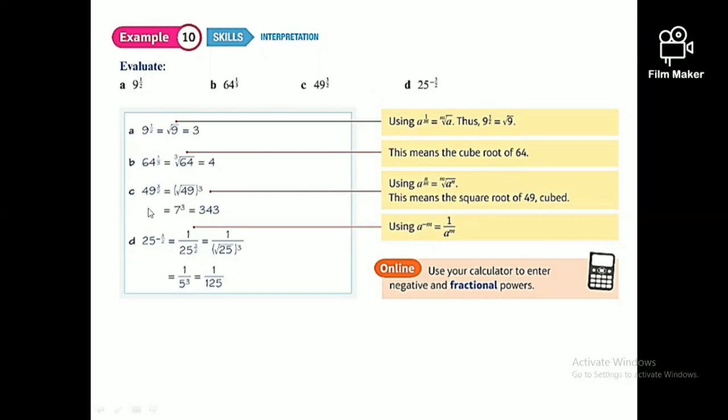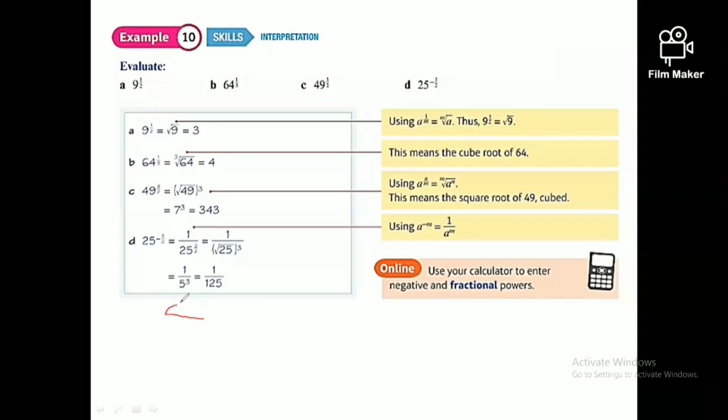49 to the power 3 over 2. If you had such a question, if you have such a fraction, you can use this fraction and write the answer this way. 49 to the power half.